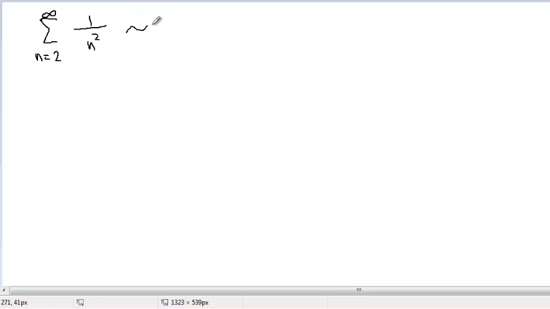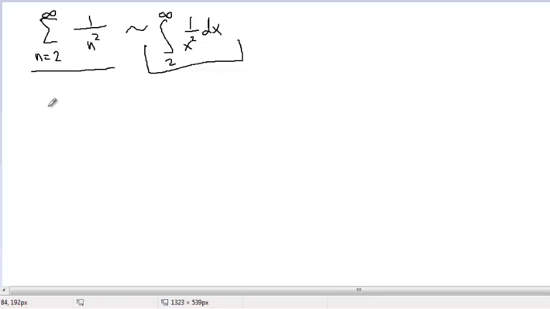We said this sum is similar to the following improper integral from 2 to infinity 1 over x squared dx. And we know that this improper integral converges, so does the infinite sum. The series converges. Alright, so now we will be a little bit more precise, and we will use this kind of an improper integral to estimate something like this.